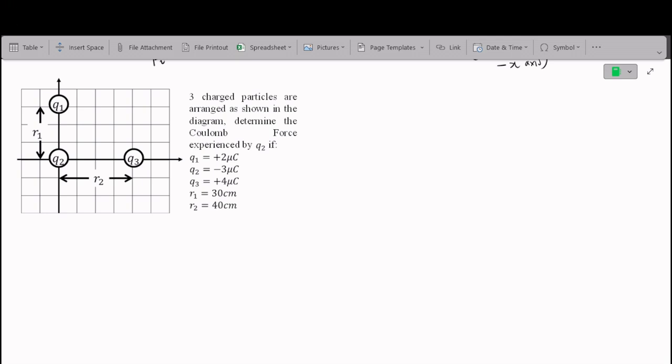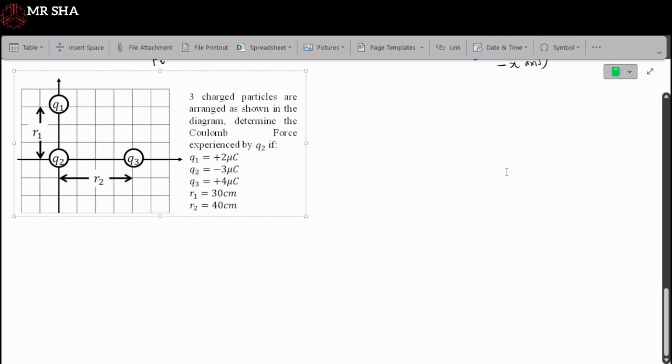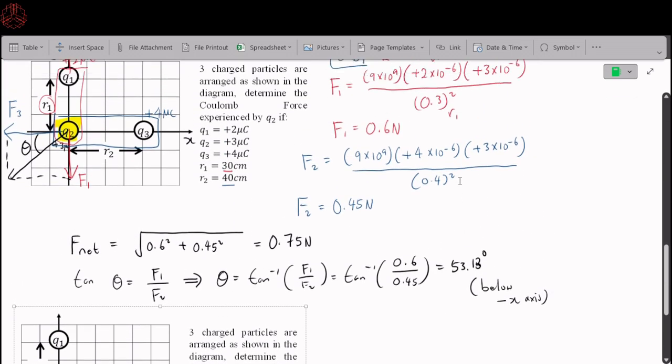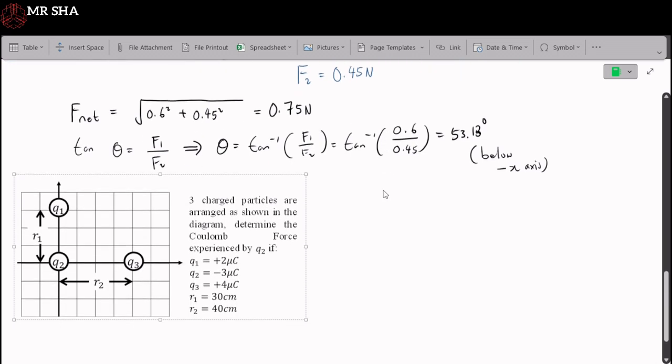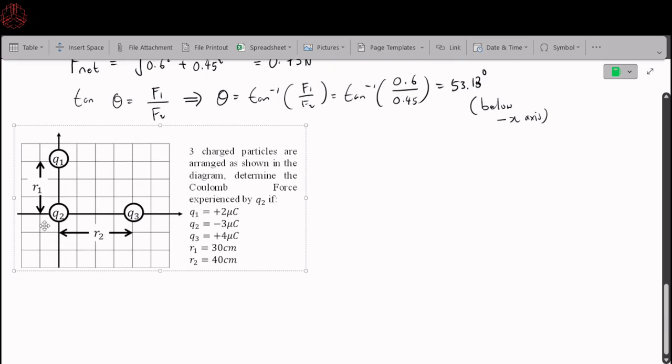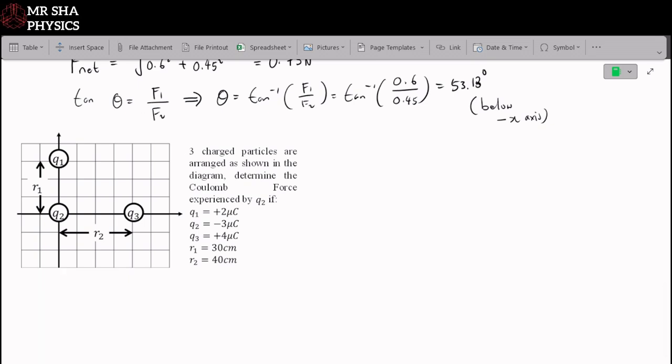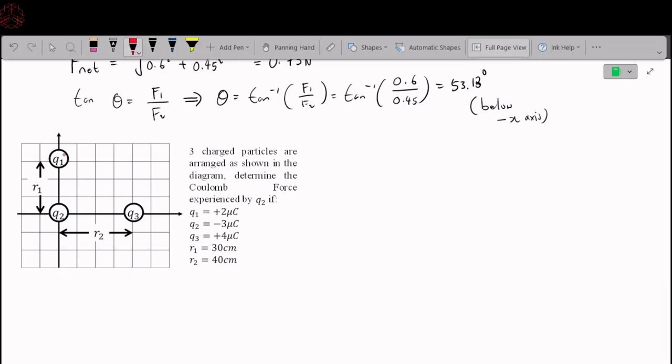Now we have a new problem where not all of the charges are positively charged. In the previous problem, all of them were positive, and thus they move away from each other. In this situation, on the other hand, Q2 is negative, but I remain all the values the same. Again, we consider only Q1 and Q2, and then Q2 and Q3.